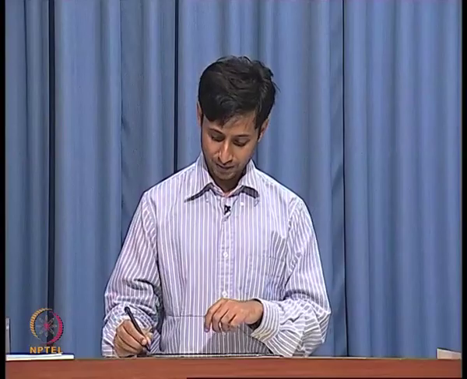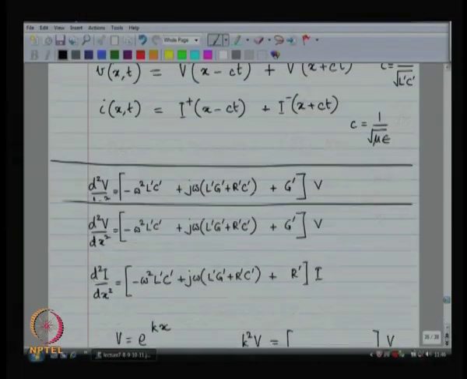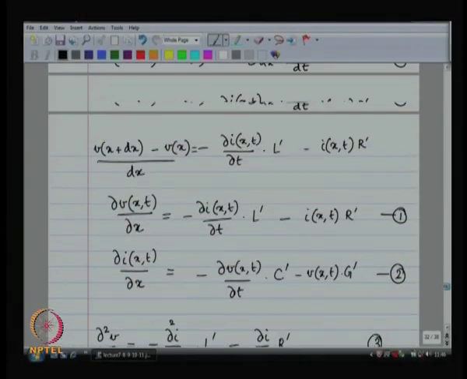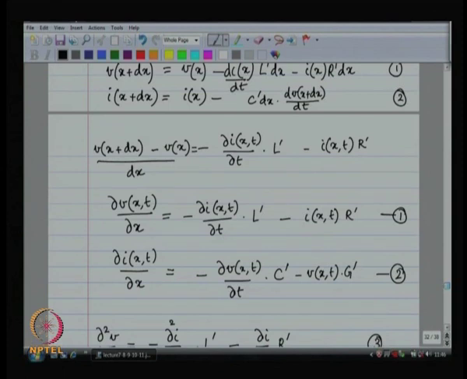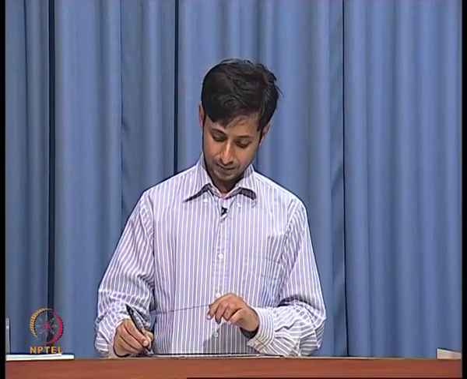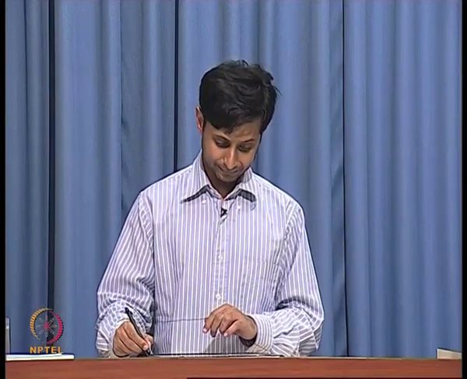Now, what is the relationship between the voltage and the current? That was our intermediate equation or original equation that we discarded. You remember equation 1 and 2. We discarded equations 1 and 2 early on, because they were coupled to each other, right. But this is what is going to tell us the relationship between V and I.